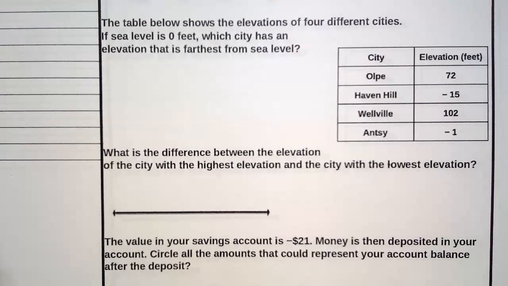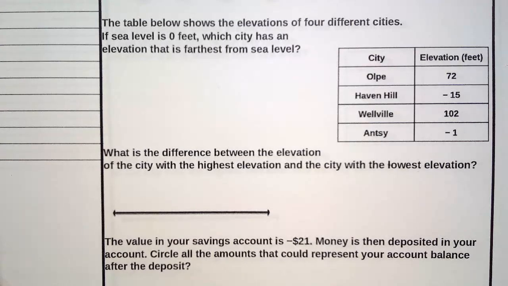Okay, now, one of the things that we get to see a lot when you get older, if you're reading different articles, you'll see tables. So we're looking at a table that shows the elevation of 4 different cities. If sea level is 0 feet, which city has an elevation that is farthest from the sea level?